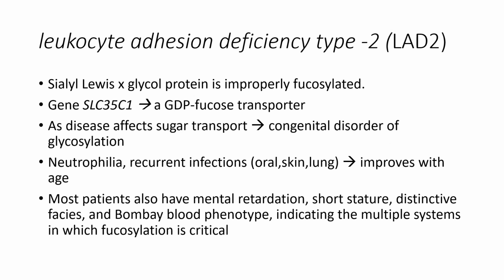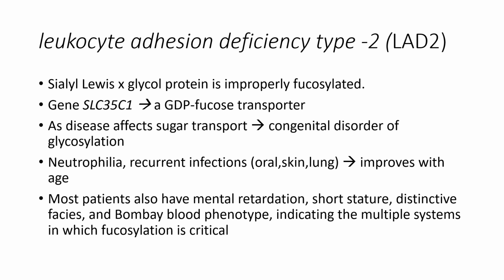Coming to the other disease, which is leukocyte adhesion deficiency type 2 or LAD2. This is caused when sialyl-Lewis X glycoproteins are improperly fucosylated. Gene SLC35C1 codes a GDP fucose transporter. As the disease affects sugar transport, it is now considered a congenital disorder of glycosylation.